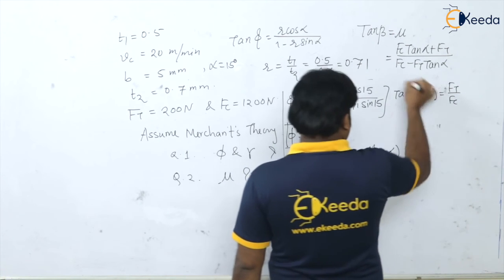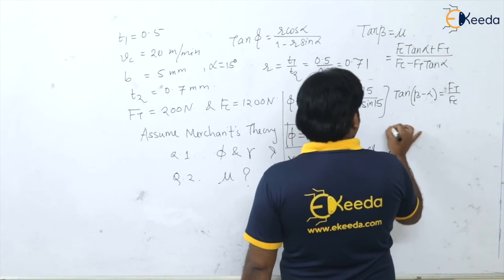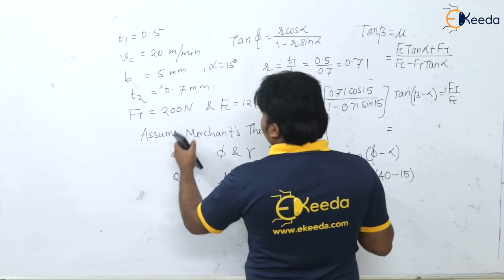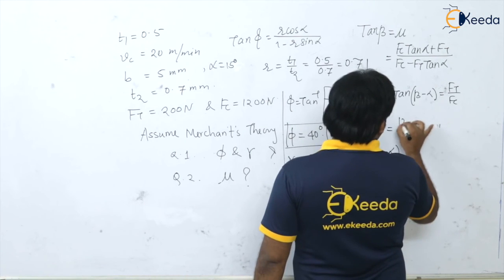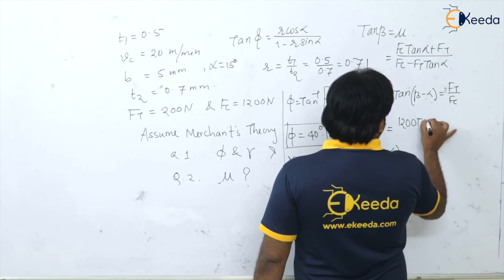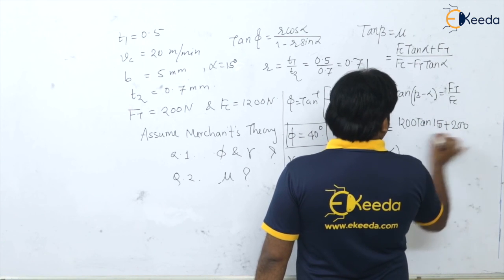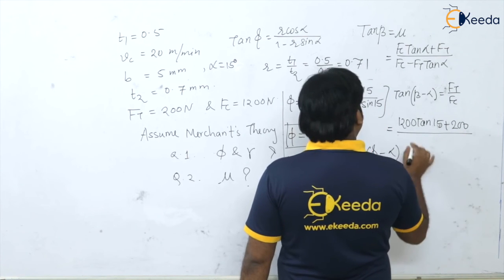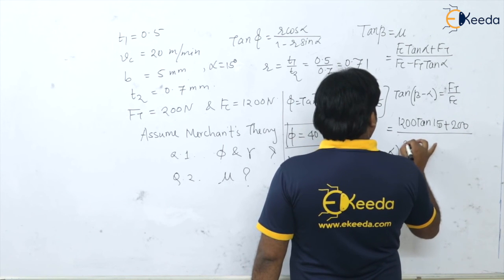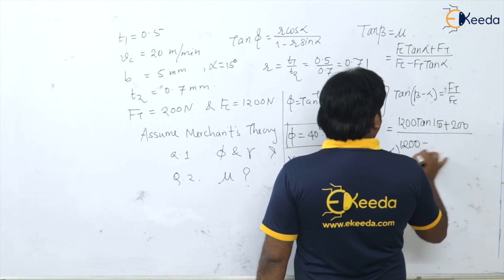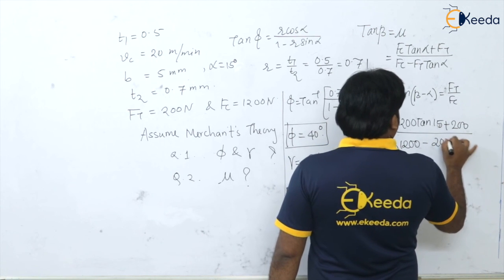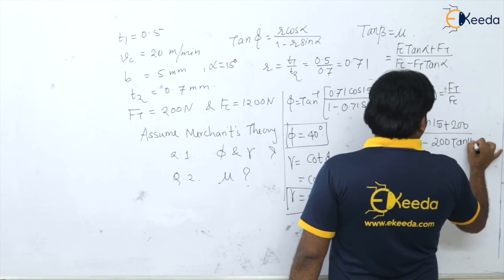Put here the value of alpha. The cutting force is 1200 Newton, so 1200 tan of 15 plus thrust force 200, divided by 1200 minus 200 tan 15.